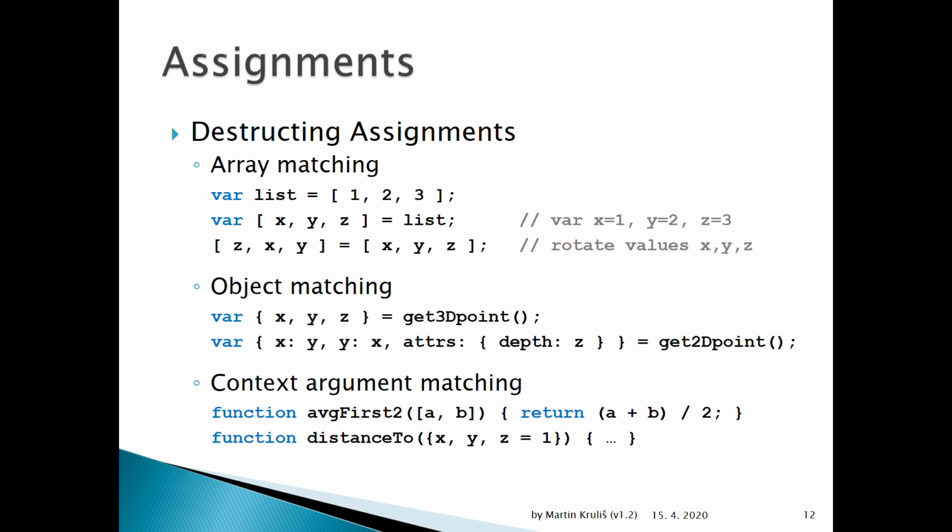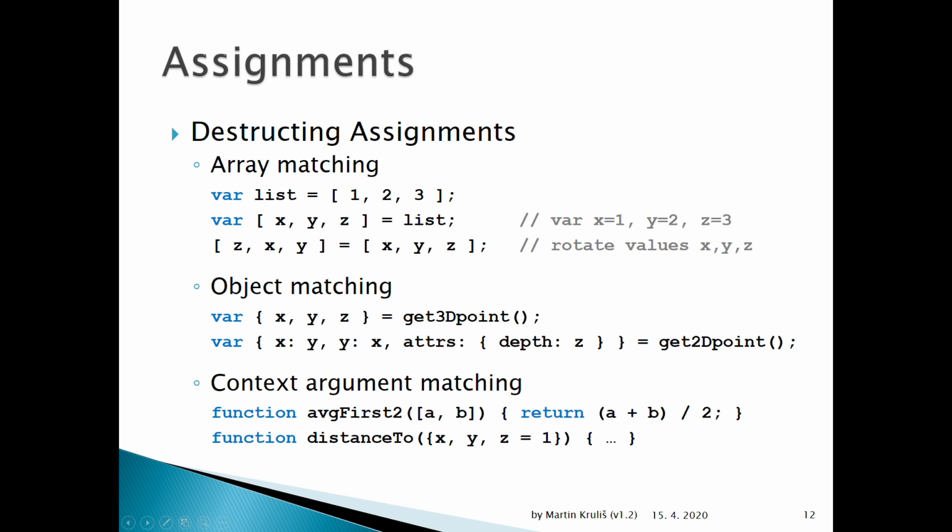You can do the same thing basically with points. So if this particular function yields a 3D point, I can create 3 variables which will hold the individual coordinates from this point. I can also use renaming, so I can provide a more elaborate template. In this case, I have a 2D point which actually holds x and y parameters, and the point also holds attributes, and one of these attributes is depth.